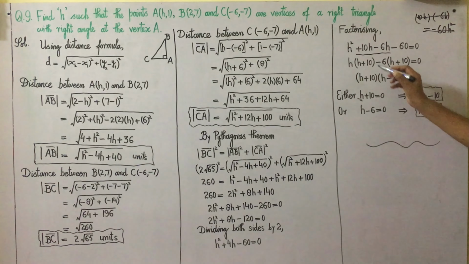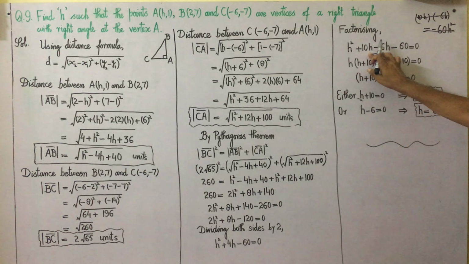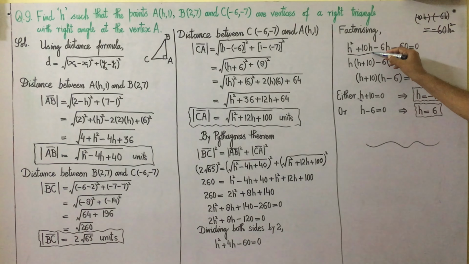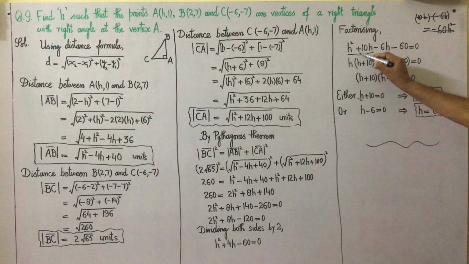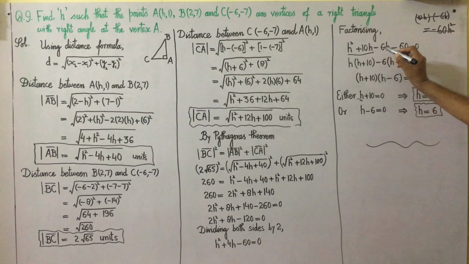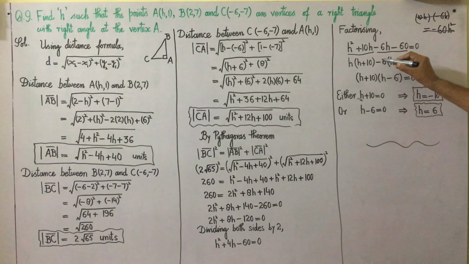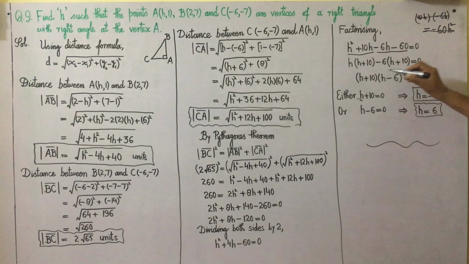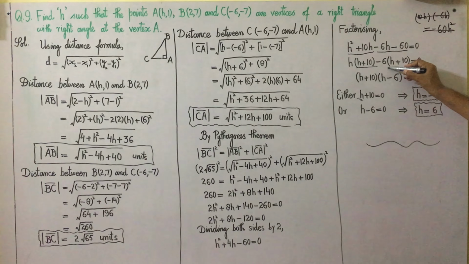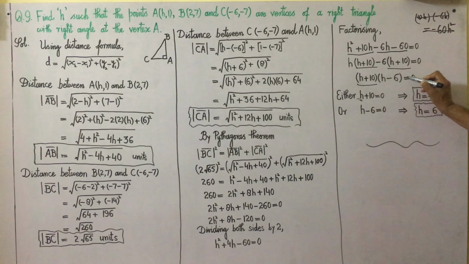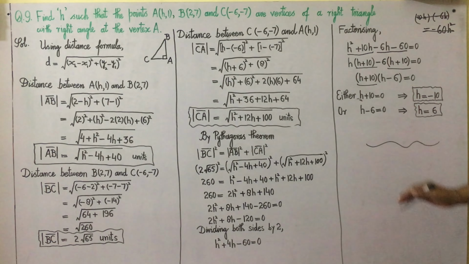So taking h common in the first two terms, here is h plus 10. Taking minus 6 common in the last two terms, minus 6, here is h plus 10 is equal to 0. h plus 10 is common, so h plus 10 times h minus 6 is equal to 0.